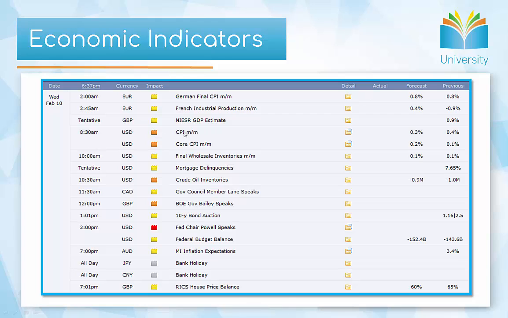And what would we be looking for in that result? Well, basically, since this is an inflation number, it gets back to just what I was talking about. Inflation is basically a devaluing of your currency. When inflation is high, it means that your currency buys fewer goods and services.